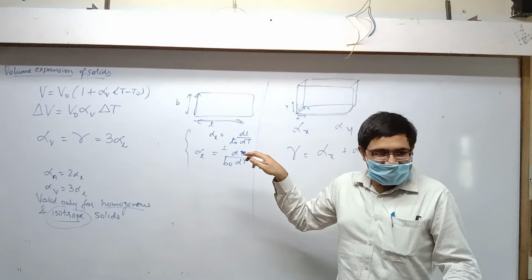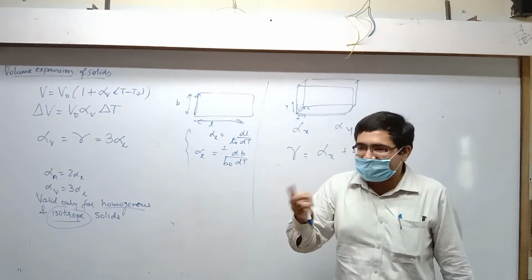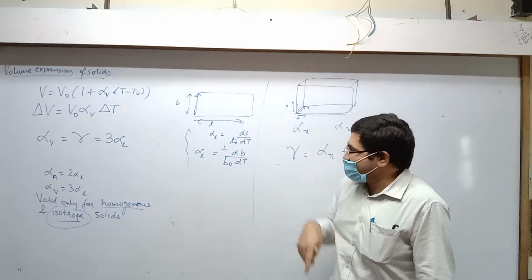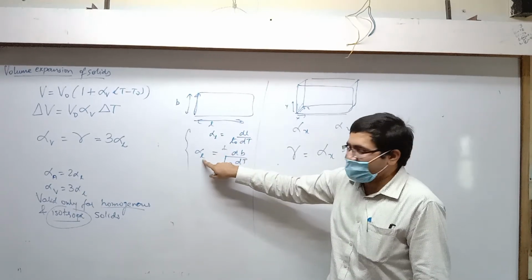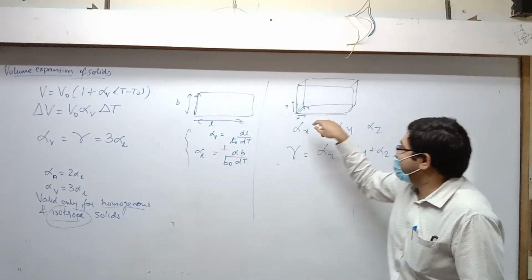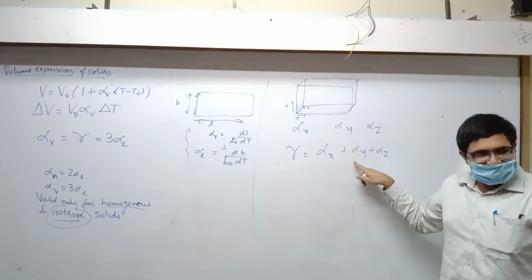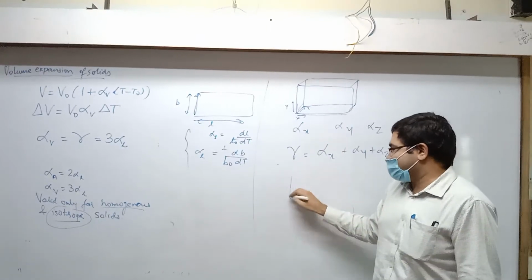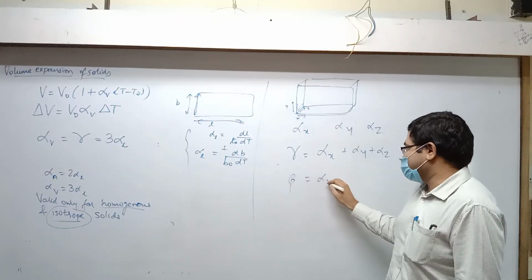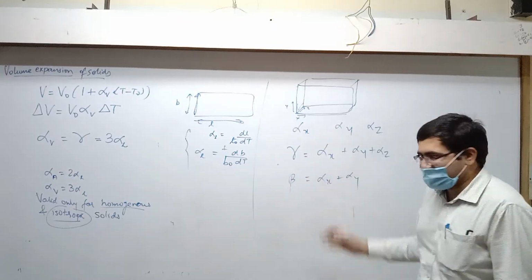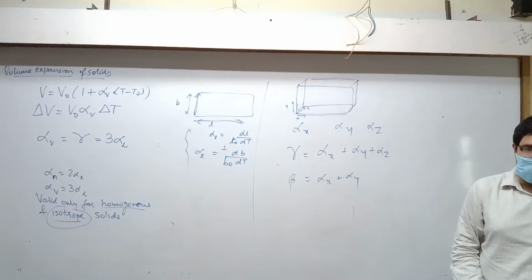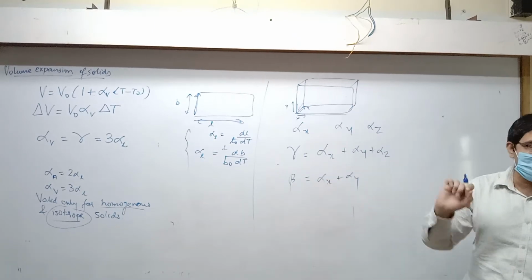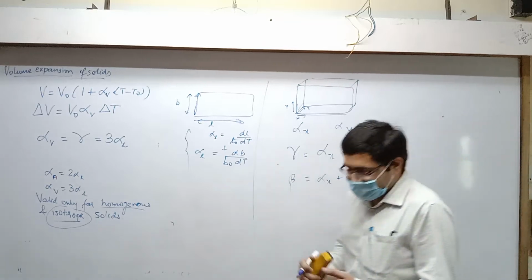Then the two were the same, so it doubled, it became 2 alpha l. Did you notice that? Now instead, suppose they are not the same, then here alpha l will come and here alpha b will come. In 3D, gamma is 3 alpha; and for beta, suppose there are 2 only, then you get something like this. Clear or not clear? Okay, so this is what you have when it is not isotropic.